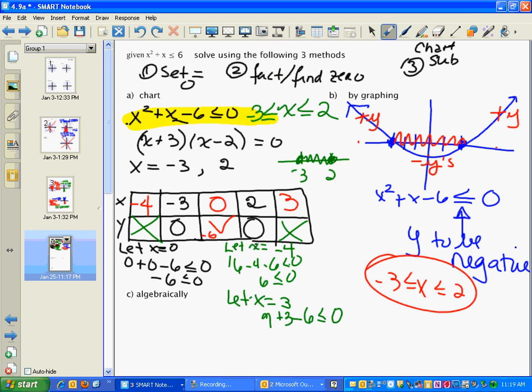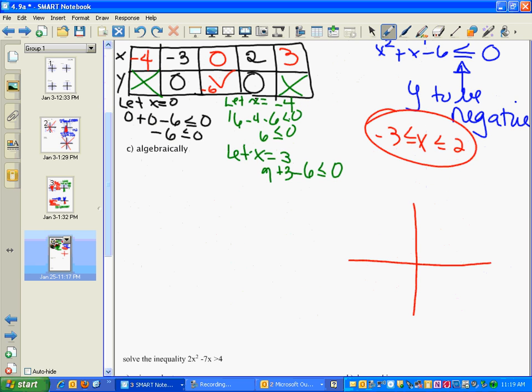Sure. Because what happens if my parabola had opened down? No, if my parabola had opened negatively, and I still wanted to have less than or equal to 0, where is my graph going to be negative now?